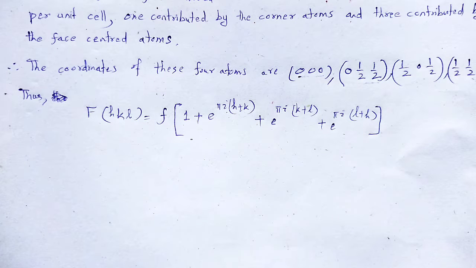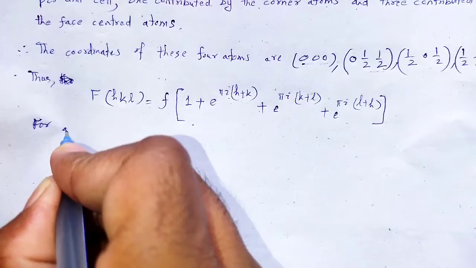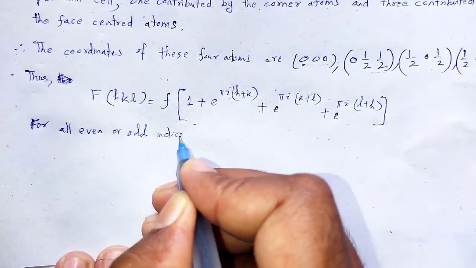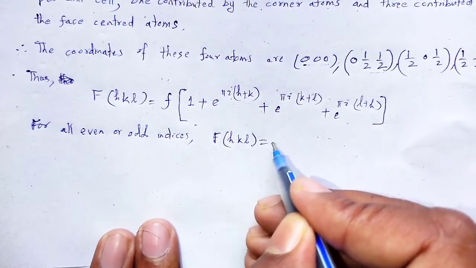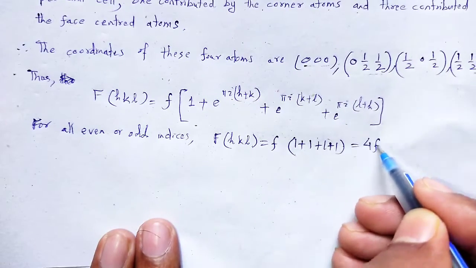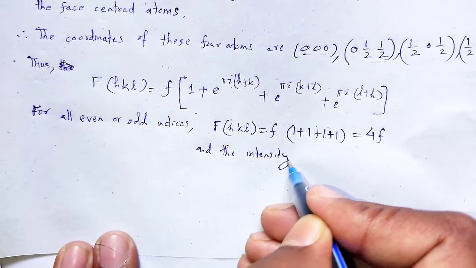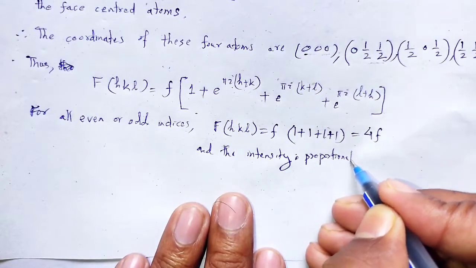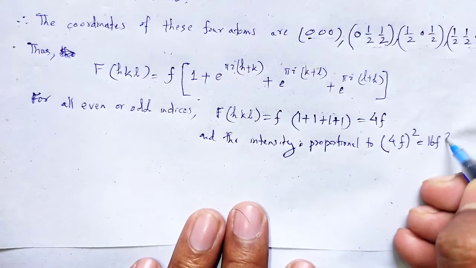Now for even and odd combinations, for all even or all odd indices, F(h,k,l) is equal to f(1 plus 1 plus 1 plus 1), that is equal to 4f, and the intensity, which is proportional to the square of amplitude, is 4f squared, that is equal to 16f squared.